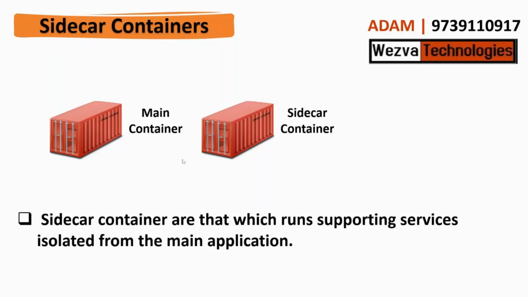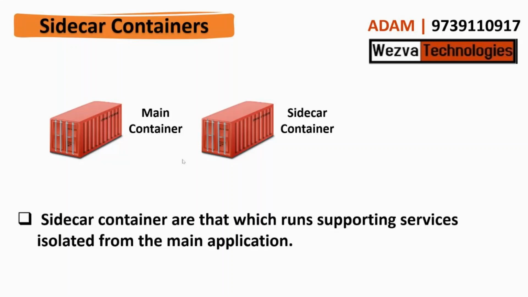An example could be for logging or monitoring, or we can even use it for collecting some secrets without the main container worrying about it. So sidecar containers are special containers which run along the main container, just like how we saw a sidecar in a bike.